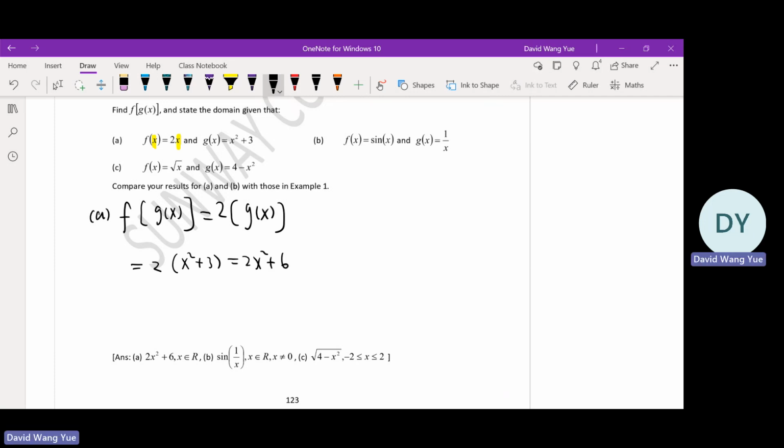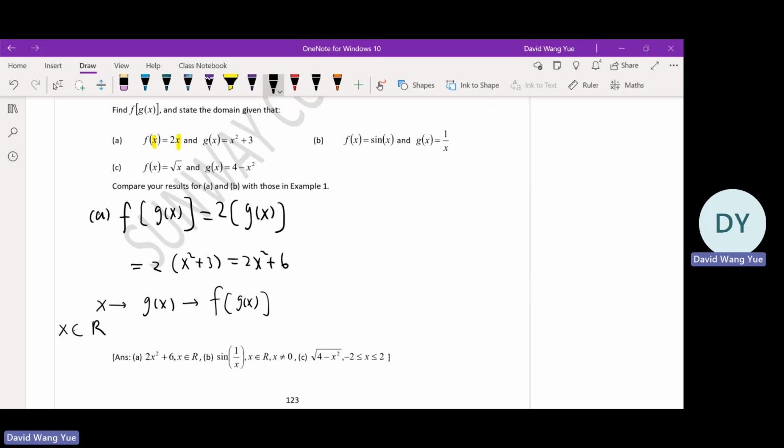And then we need to look at what the domain for g(x) is. Basically, for g(x), x can be any real number. When you substitute g(x) into f(x), no matter what you substitute in, you always get a value because it's a linear function.